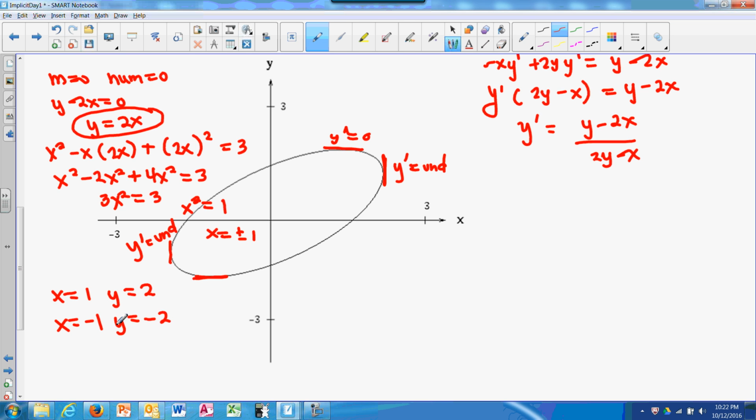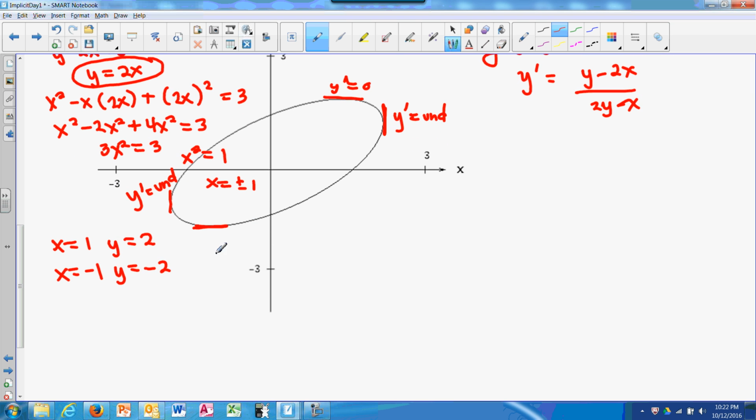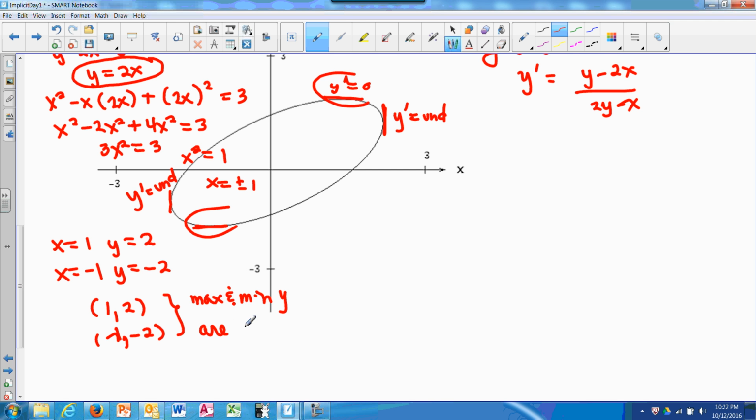We cannot do the plus and minus for these because it's not all 4 points. We only have 2 points where the slope is 0. So at those points, (1, 2) and (negative 1, negative 2), that's where we have the max and min y. So the max and min y are y equal to plus and minus 2, but not the points as plus and minus.